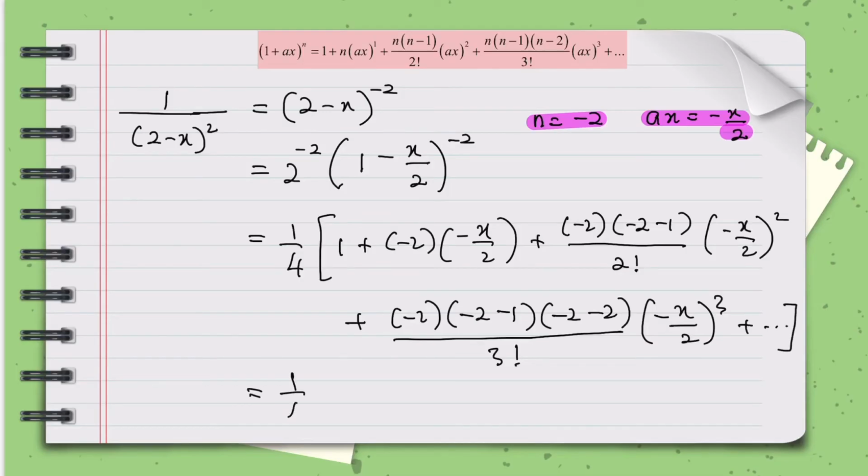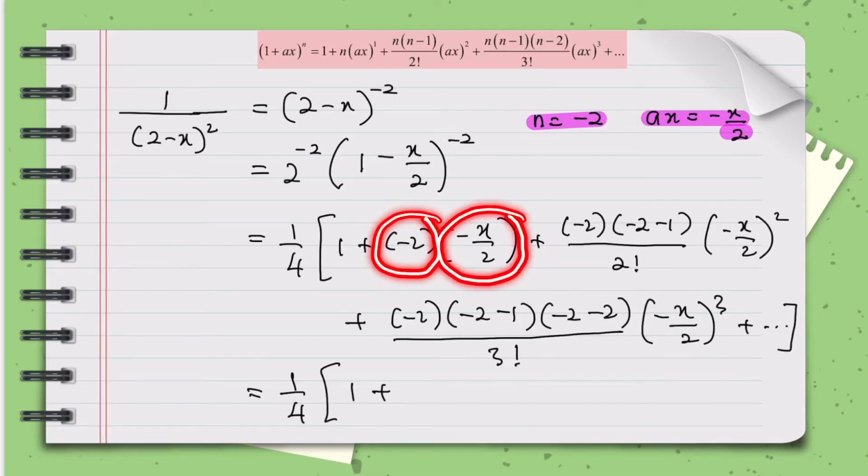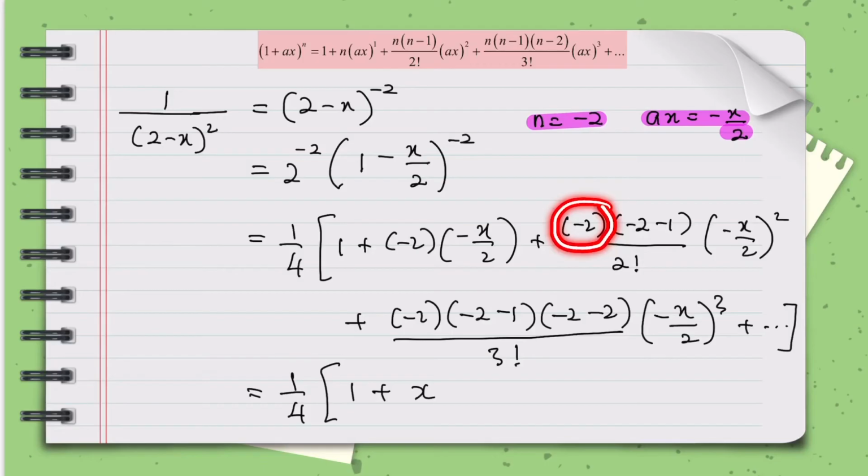Then calculate. 1 over 4 multiplied by 1 plus negative 2 multiplied by negative x over 2, which equals x. Negative 2 multiplied by negative 3 divided by 2 factorial multiplied by negative x over 2 squared equals plus 3 over 4 x squared.